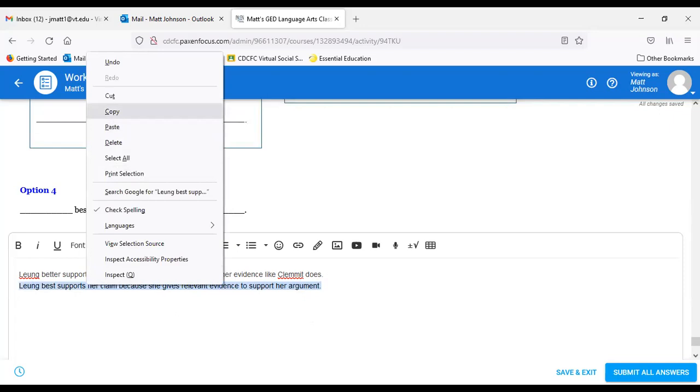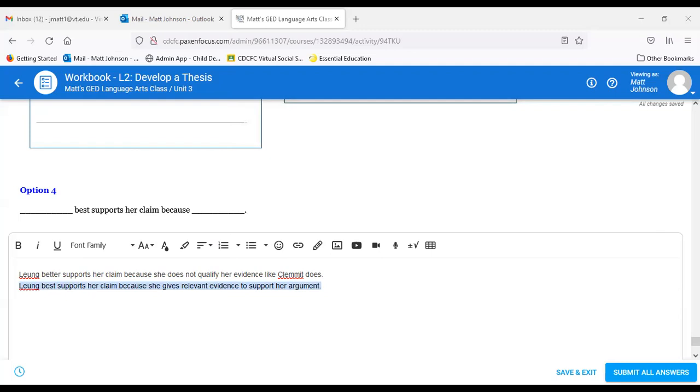And then I have one for Clement, just to balance things out here. We'll say this, right? So Clement best supports her claim because she does not use bandwagon rhetoric.